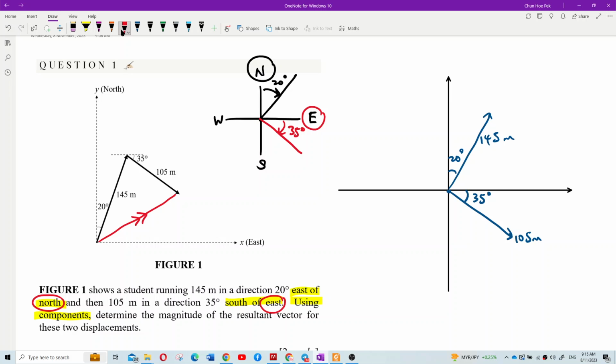This is the resultant vector. This is the total displacement.